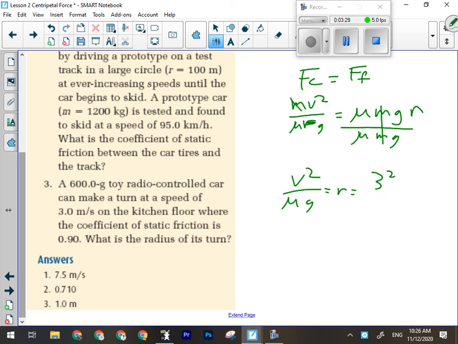So 3 squared, divided by the coefficient of friction, 0.9, times gravity, 9.81. The fact that they gave me the mass in grams doesn't matter at all because I don't need it. That means that r will come out to 1.0 meters. Everybody all right with that?